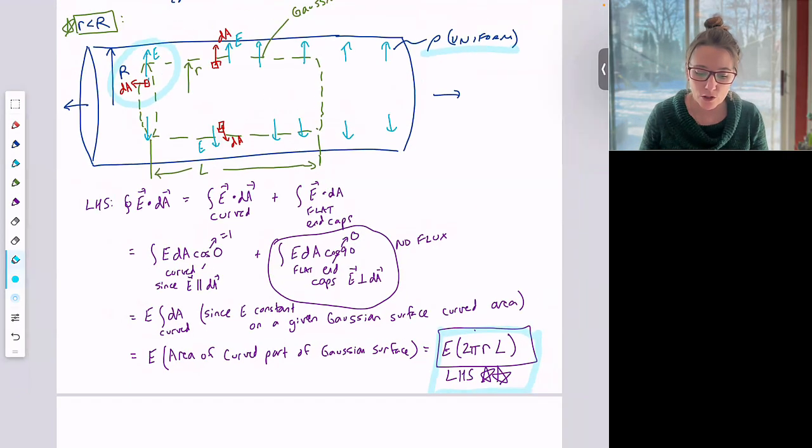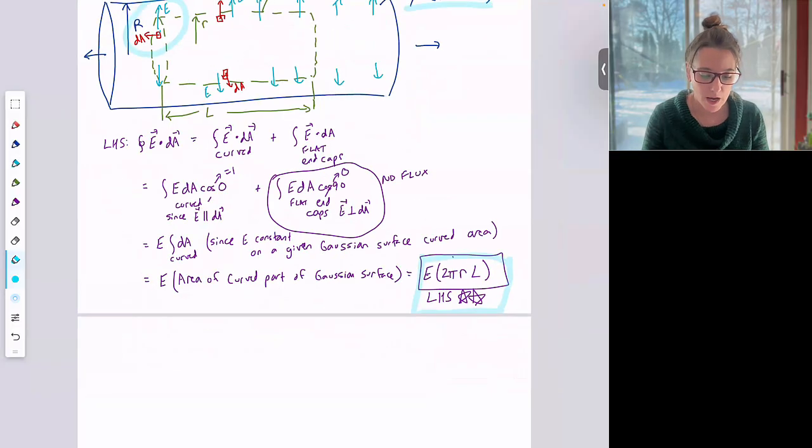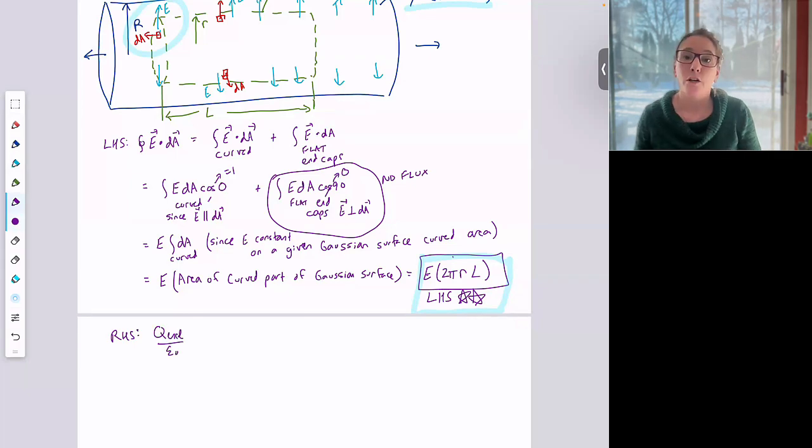And so now I want to do my right-hand side. The right-hand side is going to be the Q enclosed over epsilon naught. So here's where I do a similar thing to spheres, where I have to look at my geometry in order to figure out how much Q is enclosed.